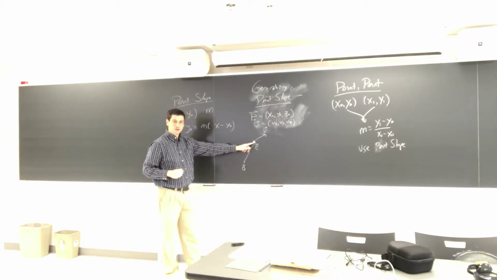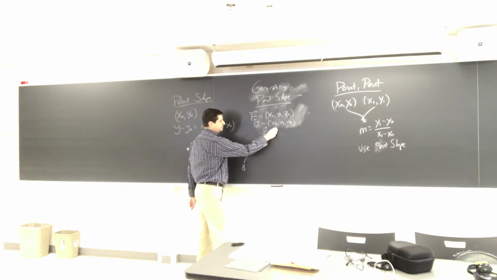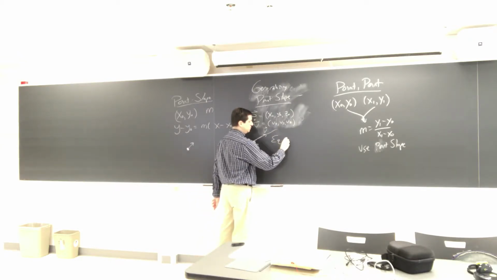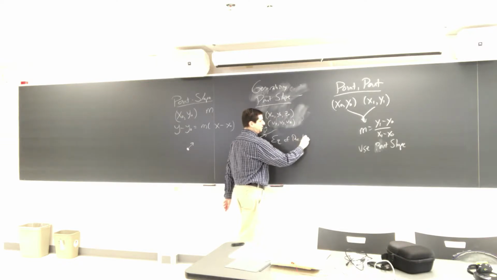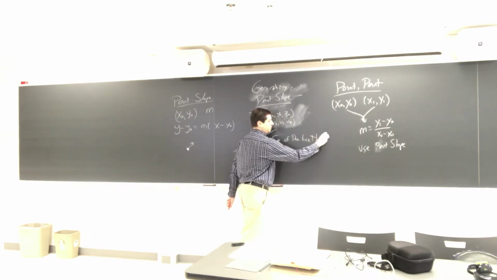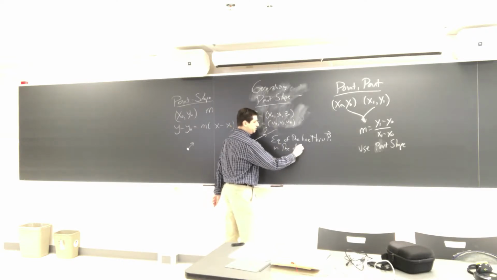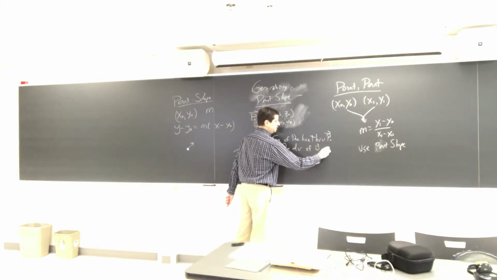And then our line is going to be given as follows. So the equation of the line through P0 in the direction of v is given as follows.